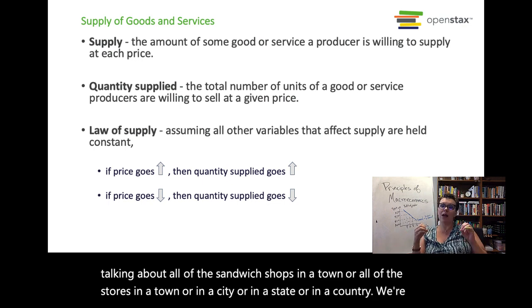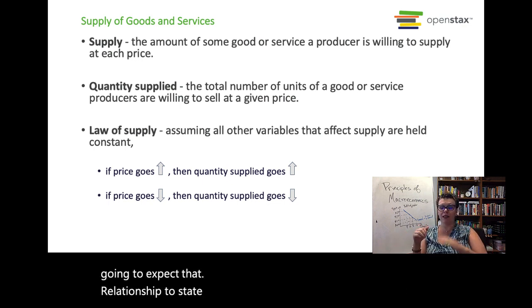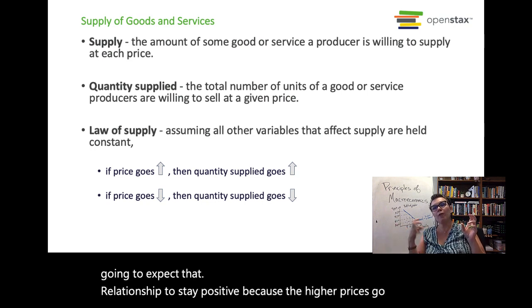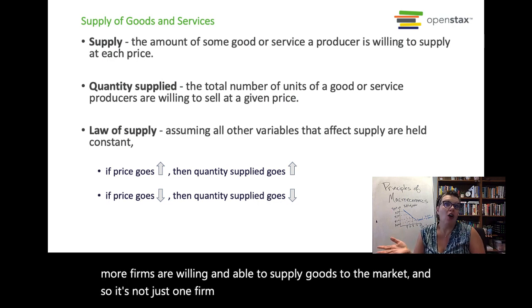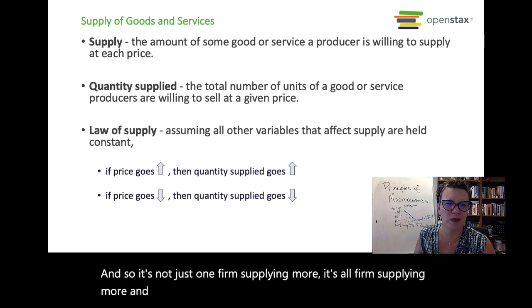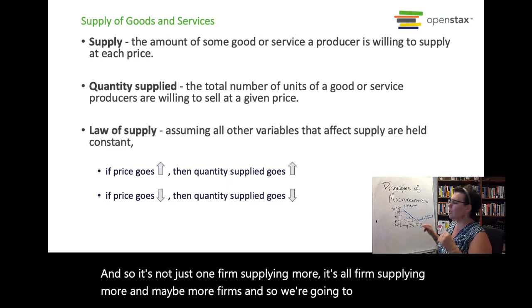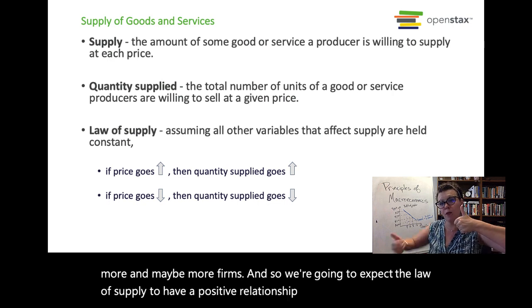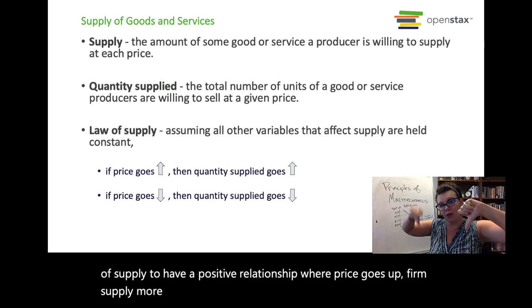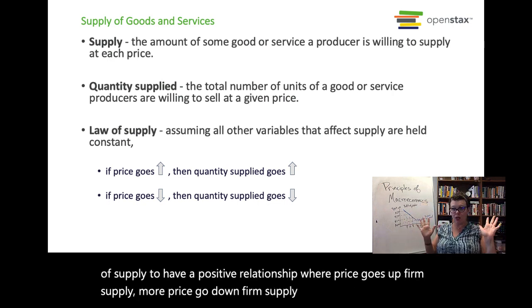We're going to expect that relationship to stay positive because the higher prices go, the more firms are willing and able to supply goods to the market. It's not just one firm supplying more, it's all firms supplying more, and maybe more firms. So we expect the law of supply to have a positive relationship: when price goes up, firms supply more, and when price goes down, firms supply less. Okay?